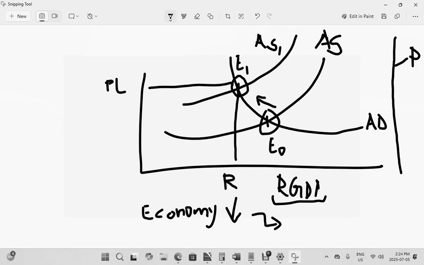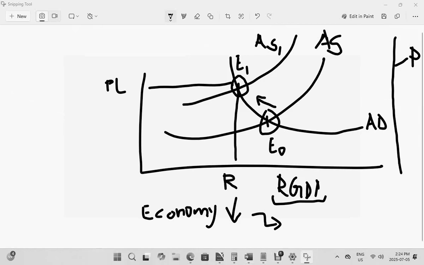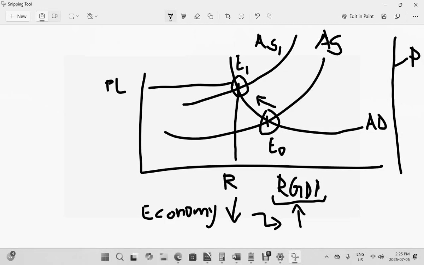And a recession may be followed by a deep recession, what some people call depression. If this depression continues, if the recession continues, it will lead to high unemployment as the economy falls. And this is all because of aggregate demand and aggregate supply.